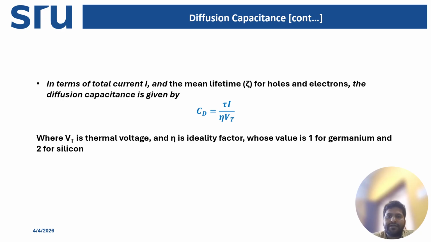So we can see the equation CD equals tau I divided by eta Vt, where tau is the mean lifetime, I is the current, Vt is the thermal voltage, and eta is the diode ideality factor, that is 1 for germanium and 2 for silicon.